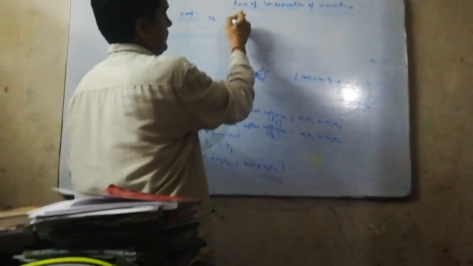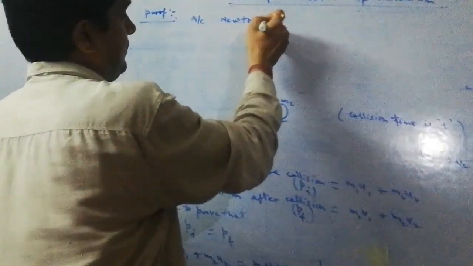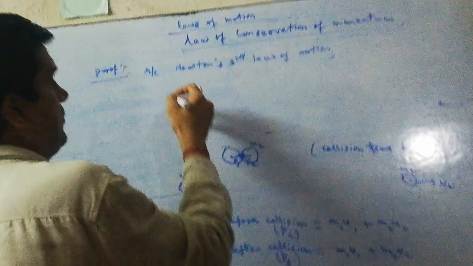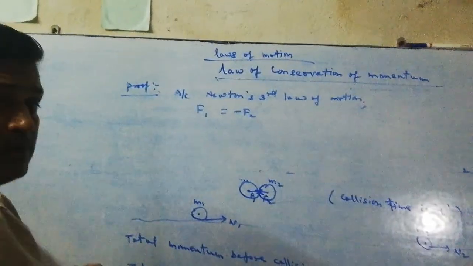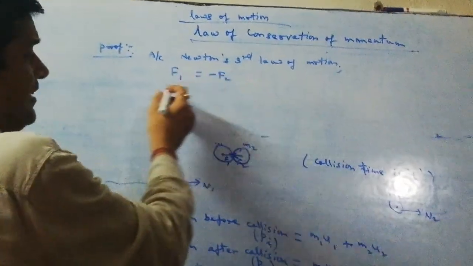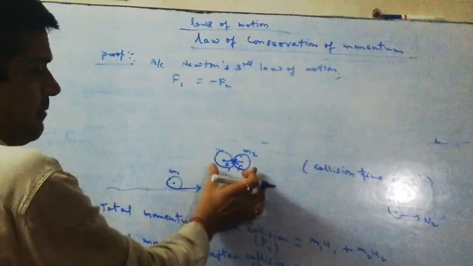In the proof, first, according to Newton's third law of motion, F1 is equal to minus F2. That means F1 and F2 are equal and opposite.